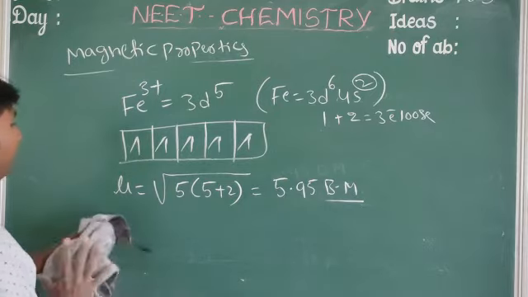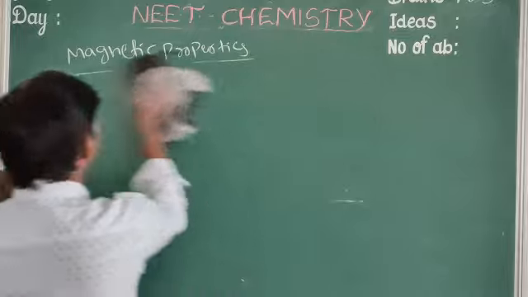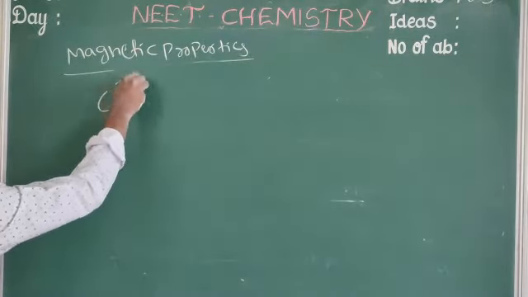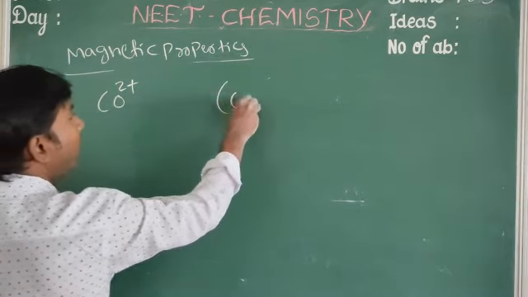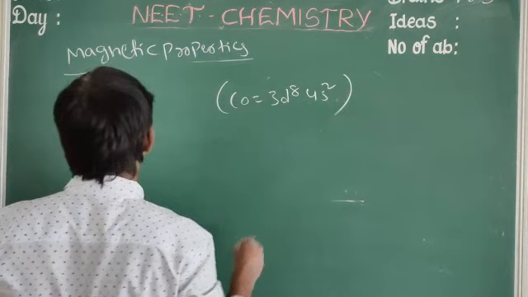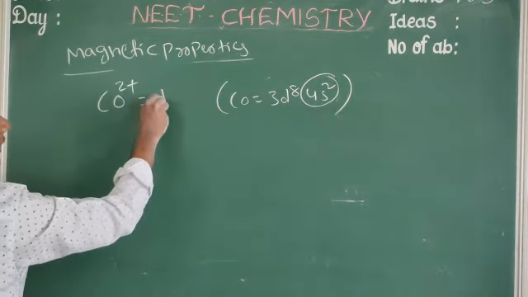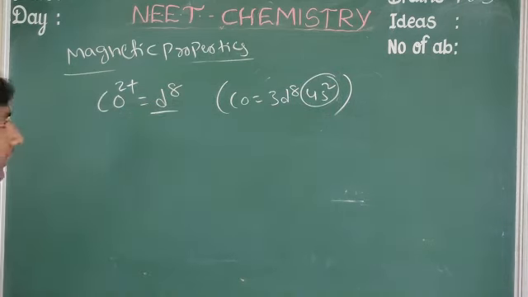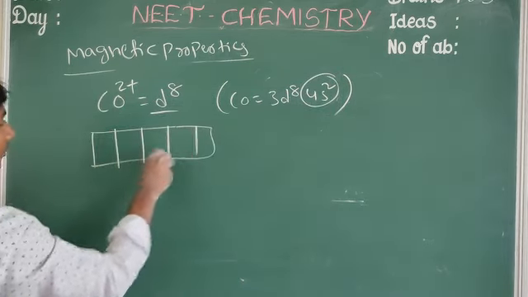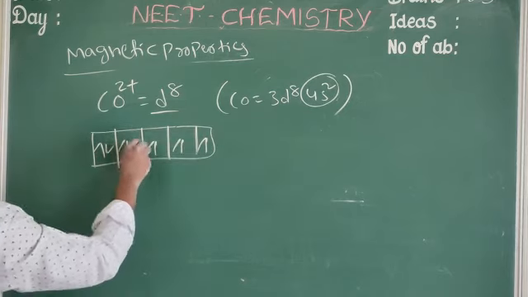Next, for example, cobalt 2+. Cobalt configuration 3d8 4s2. 2+ means 2 electrons lost, remaining d8. D8 means we write like that: 1, 2, 3, 4, 5, 6, 7, 8.